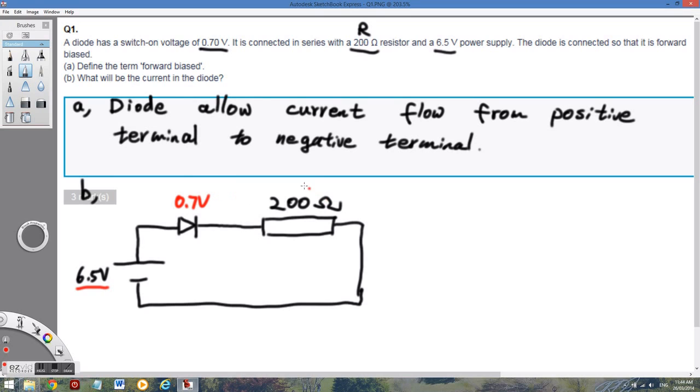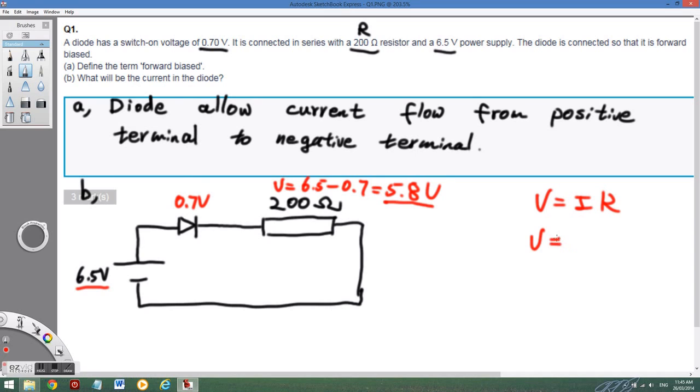So the resistor uses the rest of the voltage, which will be 6.5 take away 0.7, that is 5.8 volt. So I know the voltage across the resistor. Use Ohm's law, V equals IR.